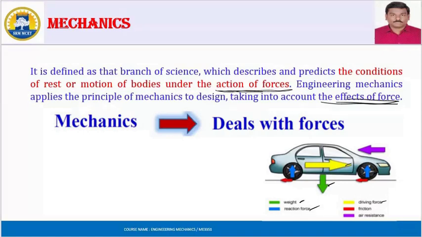The next one is the frictional force. Frictional force always acts opposite to the motion of the object. For example, if the object is moving towards the right-hand side, the frictional force acts towards the left-hand side. The final one is air resistance, which also acts opposite to the motion.